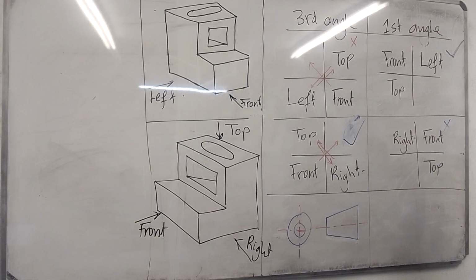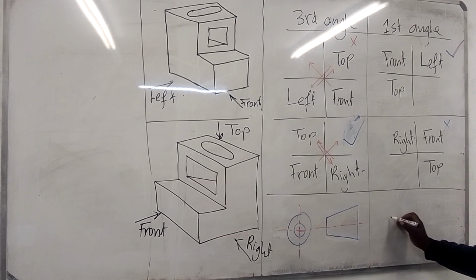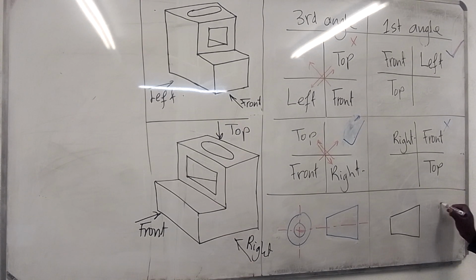Then in first angle projection, we swap the views. Take the circles this side. I'm telling you, no matter how many times you have learned this, you ought to practice every time because drawings come in different approaches.